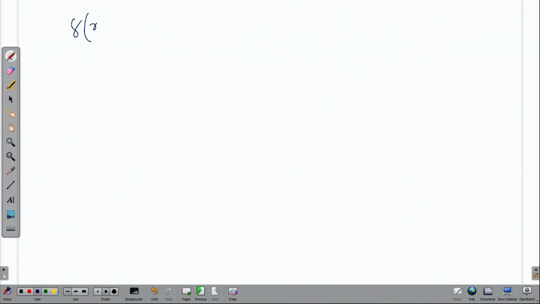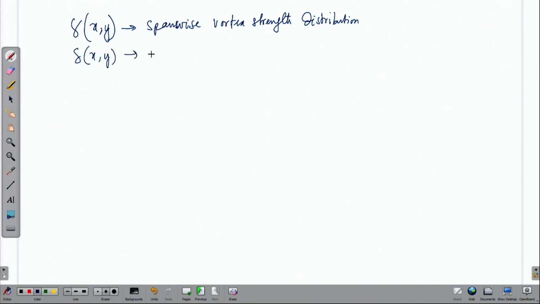We say that gamma xy gives us the span-wise vortex strength distribution, and the delta xy gives us the chord-wise vortex strength distribution.